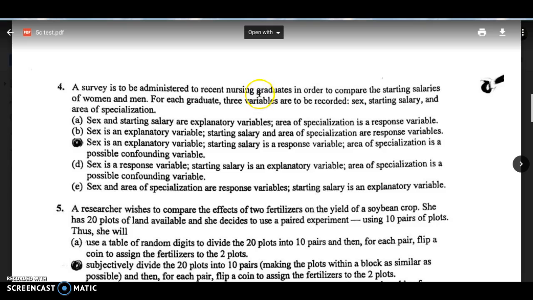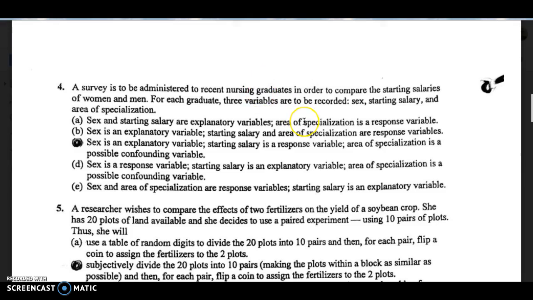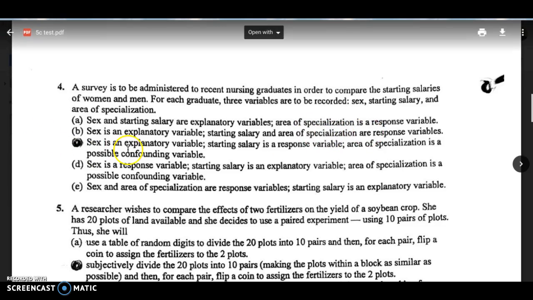Because a nursing graduate who specializes in maybe neurosurgery, which is surgery on the brain, versus someone who's just a general nurse, like maybe a pediatric nurse, like a child's nurse, the person who has a specialization is probably going to make more money because they have more technical knowledge. And so that's not a response variable. If you look at C, the area of specialization, that makes sense as a confounding variable. So we're going to go with C on number 4.